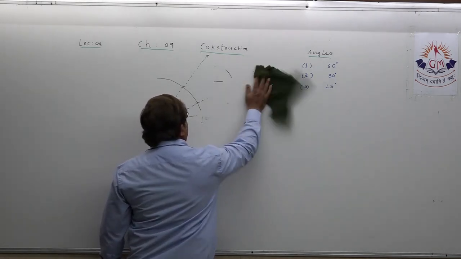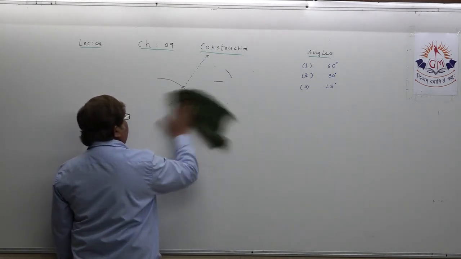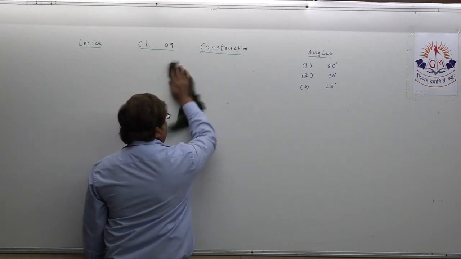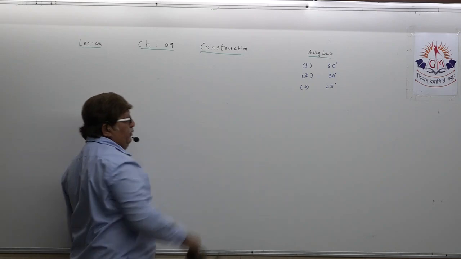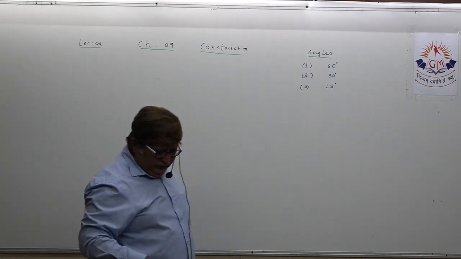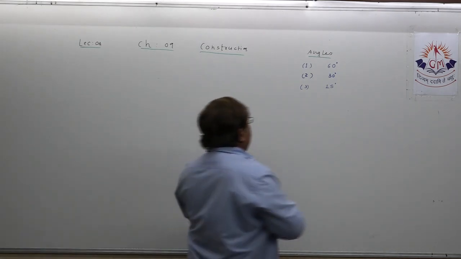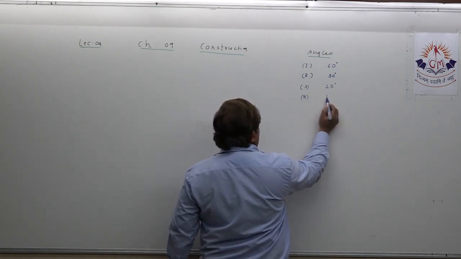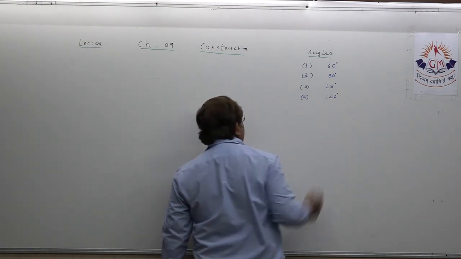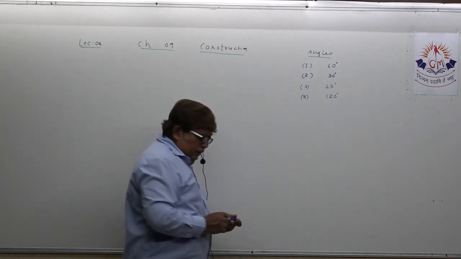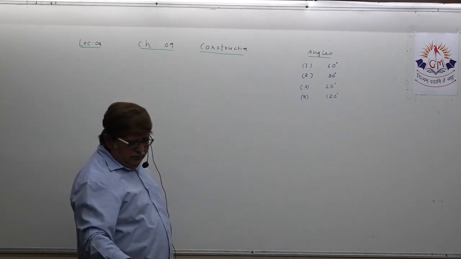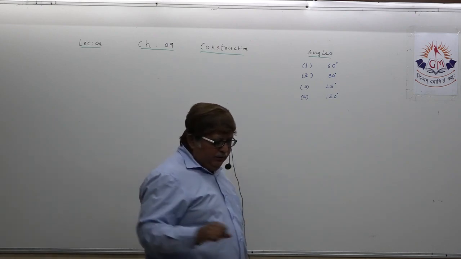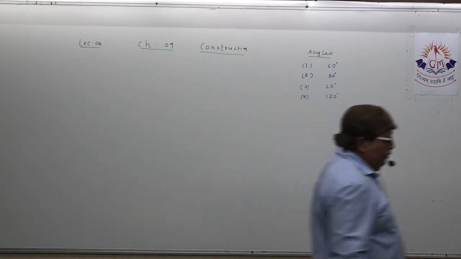Now let us target the next angle, that is angle of 120 degree. That's our next target. How to construct an angle of 120 degree that we are targeting. Okay.